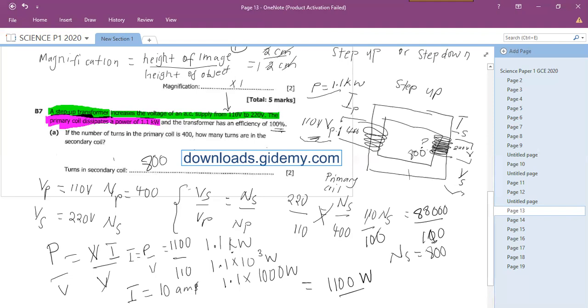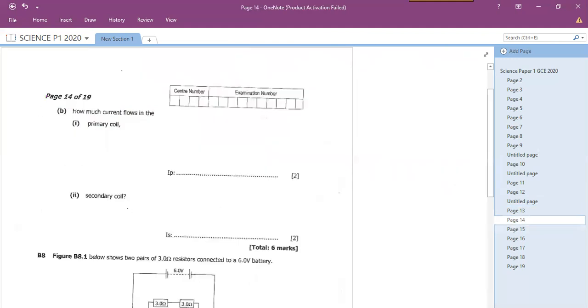Just one formula. Power is voltage times current. Then you just make current the subject of the formula. So let me quickly solve it here. Power is voltage times current. If you make current the subject of the formula, current will be power over voltage.